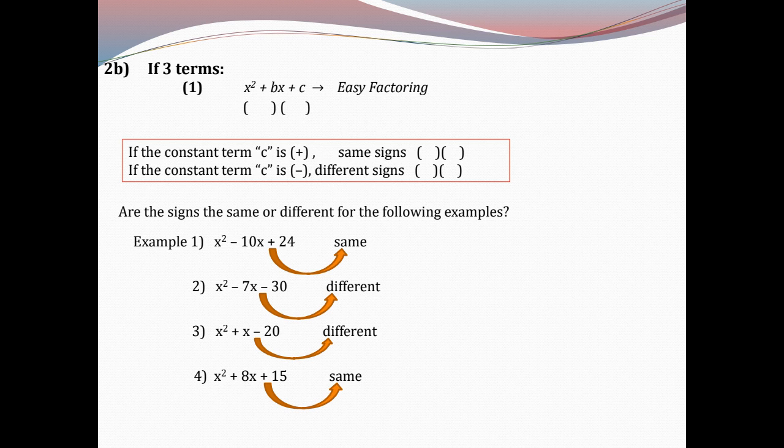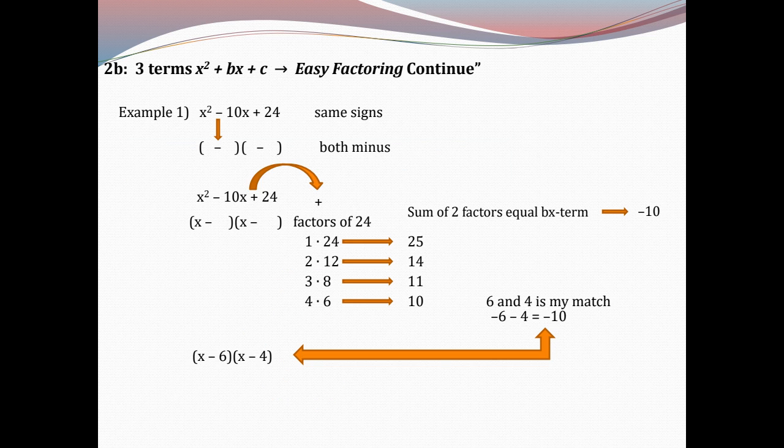So for instance, let's say that I want to factor x squared minus 10x plus 24. Since that last sign was an addition, that means that both factors are going to have the same sign. In this case, they both are going to have a subtraction. So here, what we want to do is find two factors that give me the bx term.